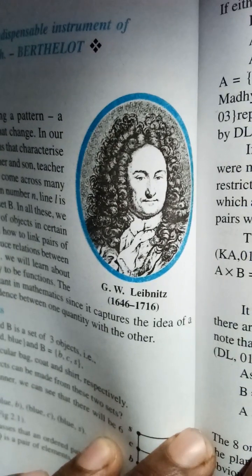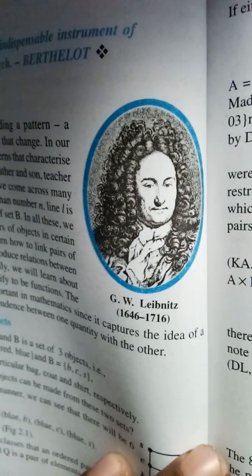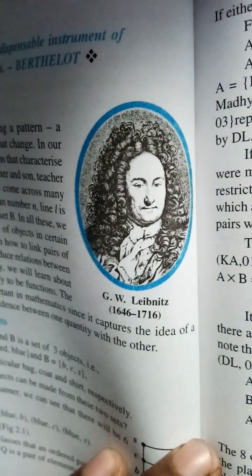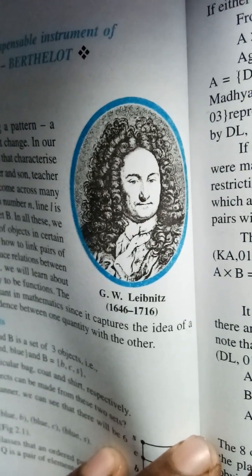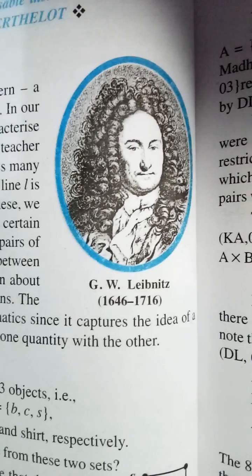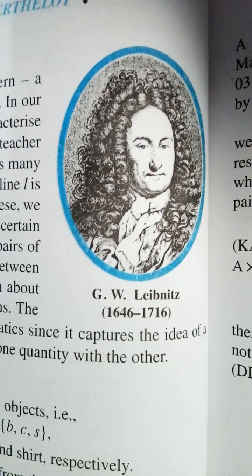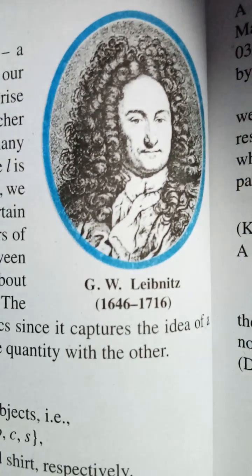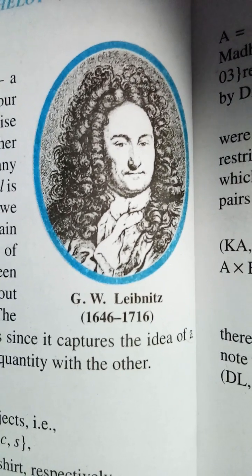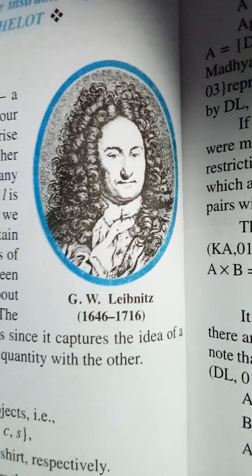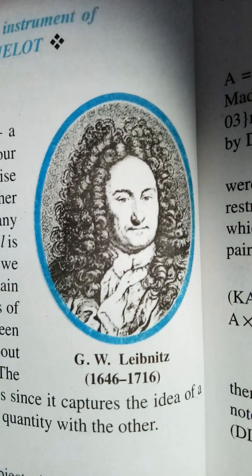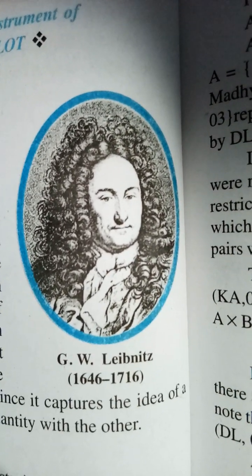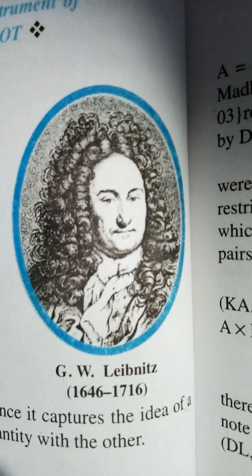G.W. Leibniz, 1646-1716. Much of mathematics is about finding a pattern, a recognizable link between quantities that change in our daily life. In this chapter, we will learn how to link pairs of objects from two sets and then introduce relations between the two objects in the pair.